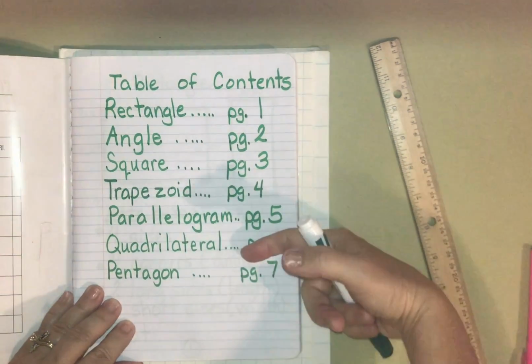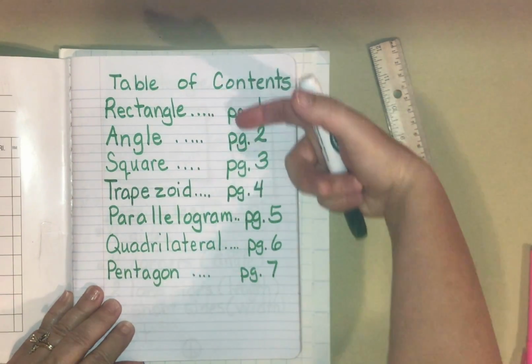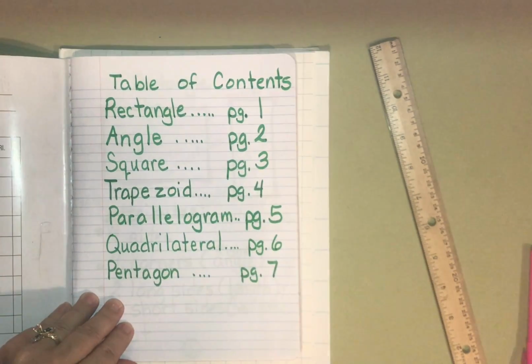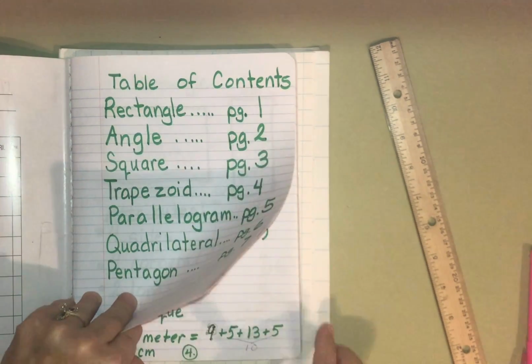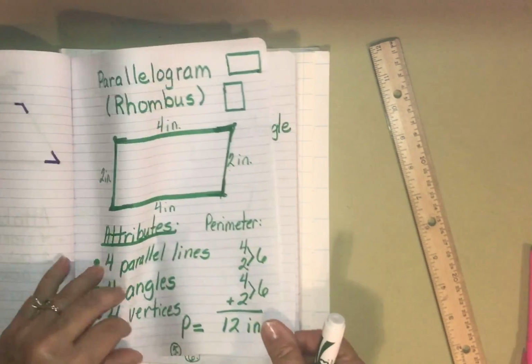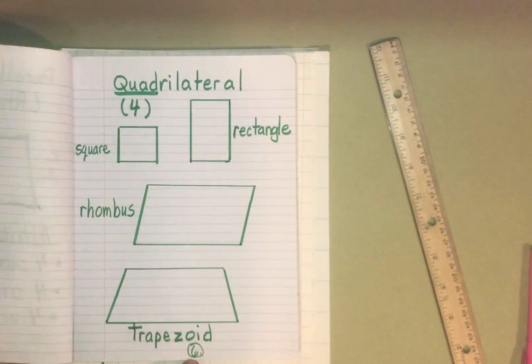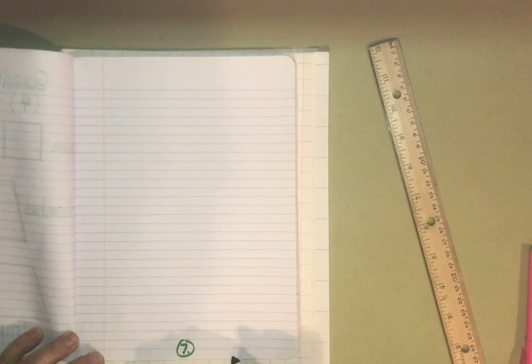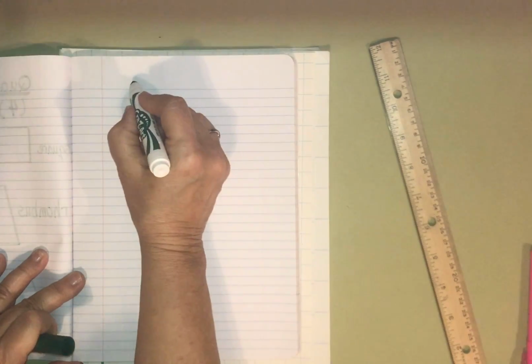So we have all of our shapes above here are all quadrilaterals, and now we're going to be learning some other shapes that have more than 4 sides. So let's go to page 6, and our next page would be page 7. And this one is going to be our pentagon.